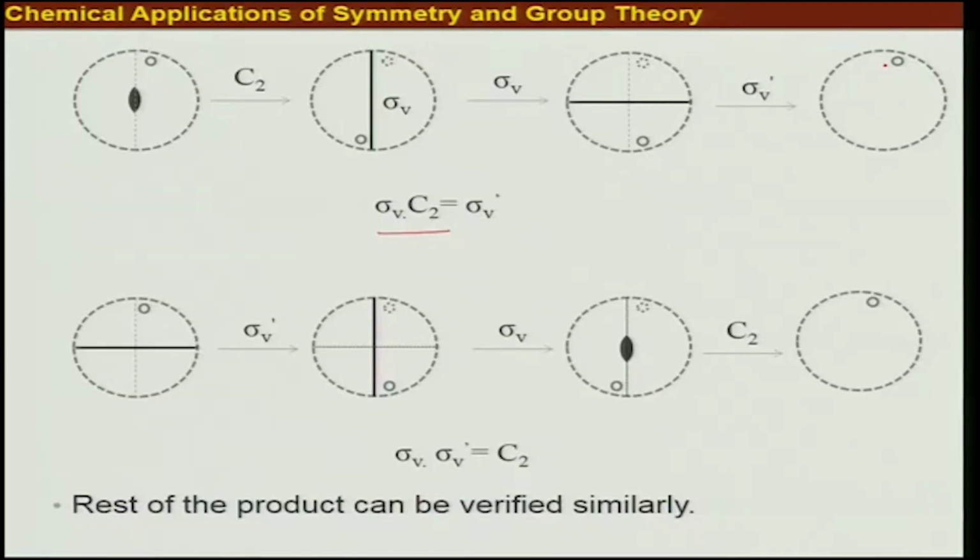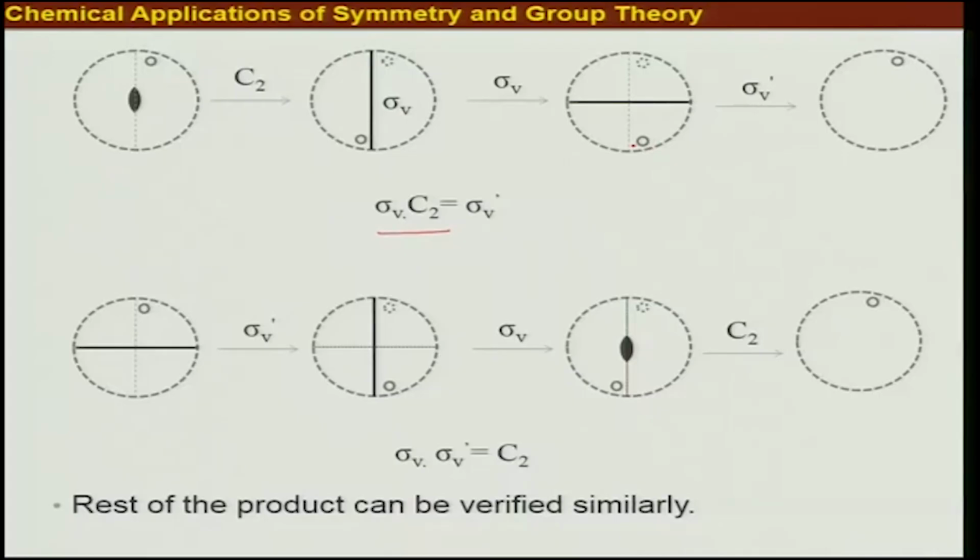Okay, now, sorry, there was a mistake, let me correct that. So you have operator C2, it comes here, and you take a sigma v which is along this plane, and you generate a similar point over here that you can see here.